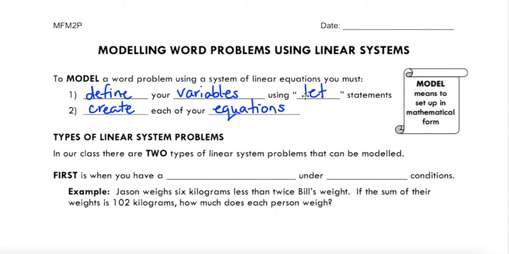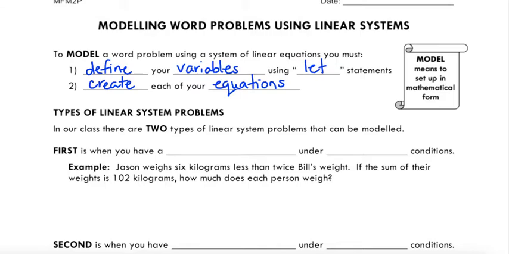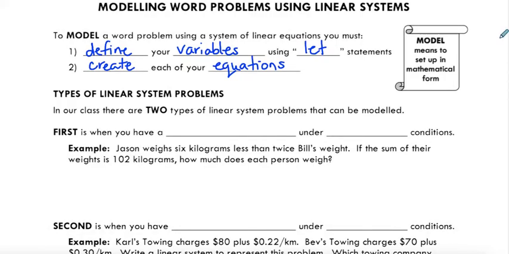There are two types of linear system problems that we're going to encounter. The first is when we have a single scenario under different conditions.